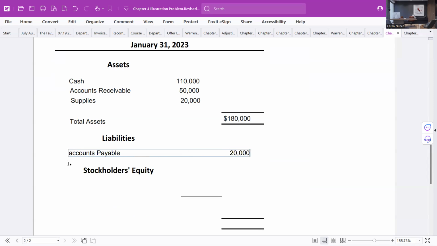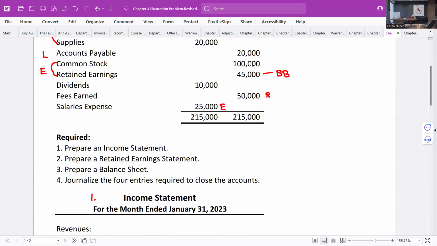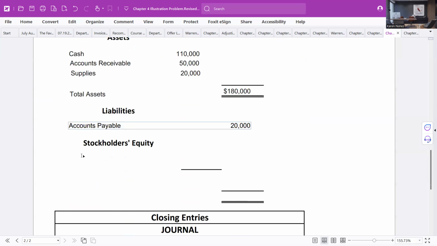And then under stockholders' equity, remember, we only have two divisions. We have common stock and retained earnings. And the common stock is 100,000 and the retained earnings is 60,000, that ending balance that we get from our statement. So let's put those two in here. So under stockholders' equity, we've got common stock. And again, that's 100,000. And then we also have the retained earnings, which was the 60,000 from our retained earnings statement.